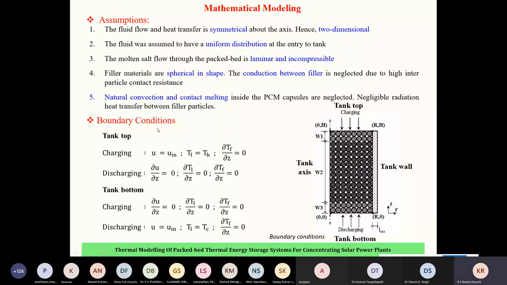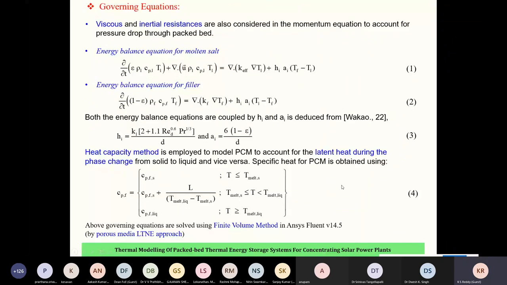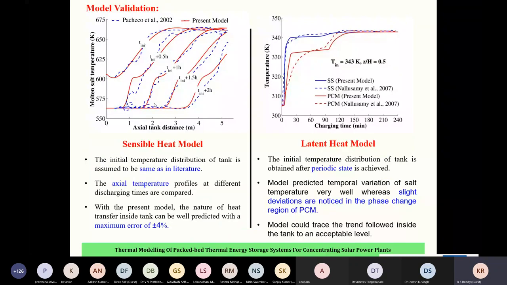So these are the governing equations. I am not going into detail on this. If somebody is really interested in this work, we have already published papers, and you can check those papers. Then how we validate this model: molten salt temperature versus axial tank distance, for different timings from T initial to T plus 2 hours, and similarly the charging time with the temperature.